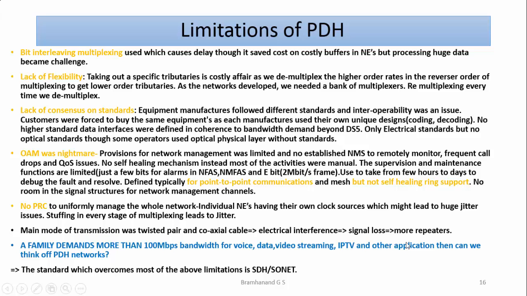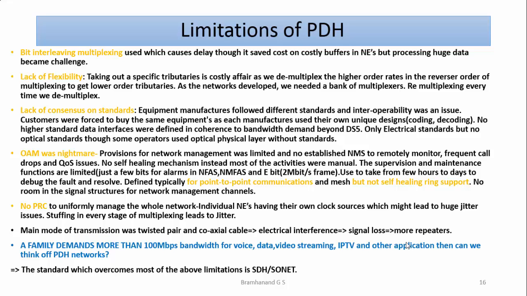So the major limitations of PDH are, PDH networks were using multiplexers which were bit interleaved. It means that it takes bit by bit from the input data and gives the output.